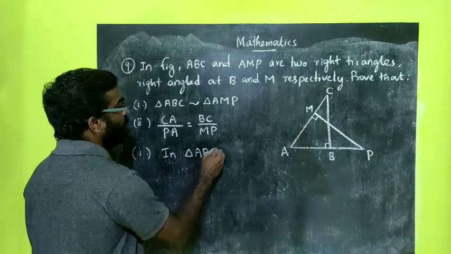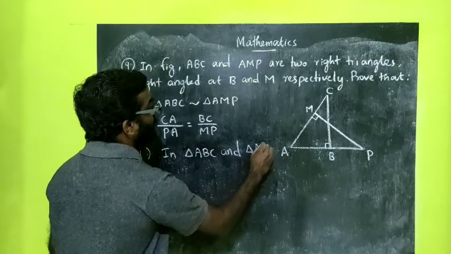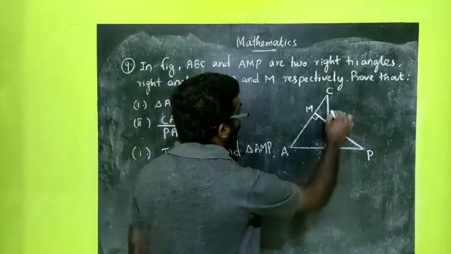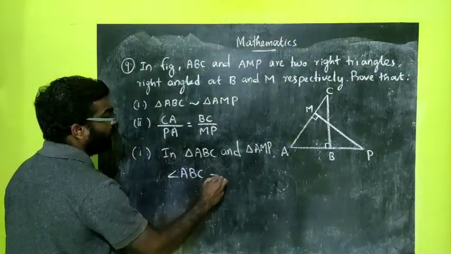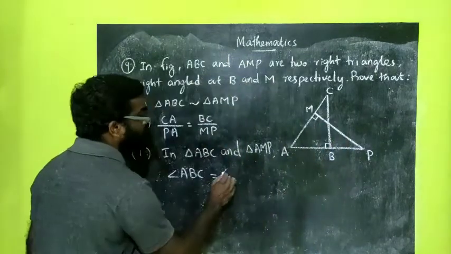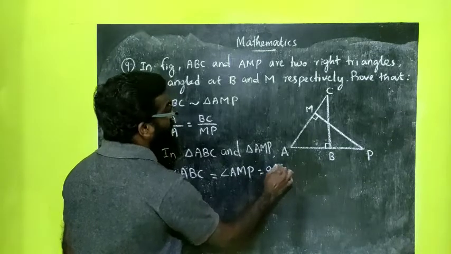So in triangle ABC and triangle AMP, if we consider these two triangles, we can say angle ABC will be equal to angle AMP, both are 90 degree. This is given in the question.